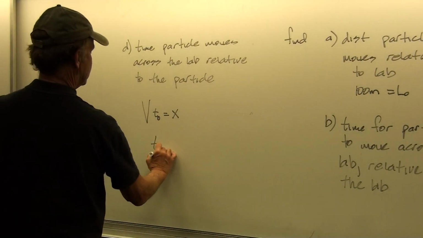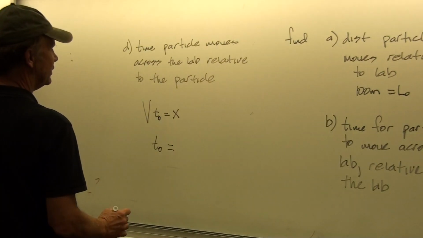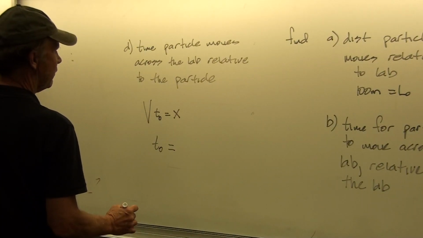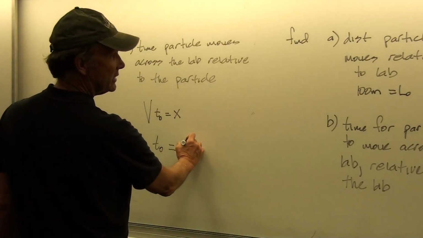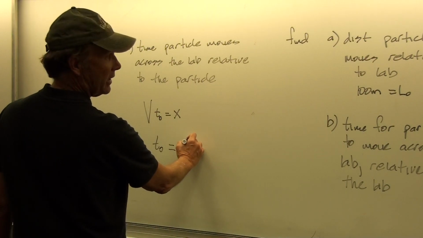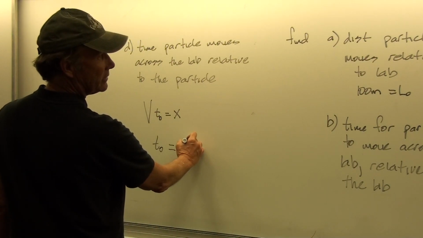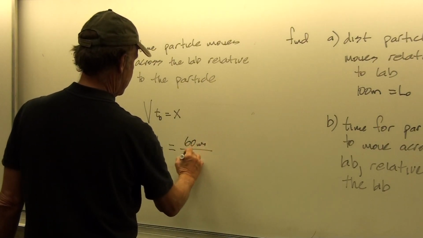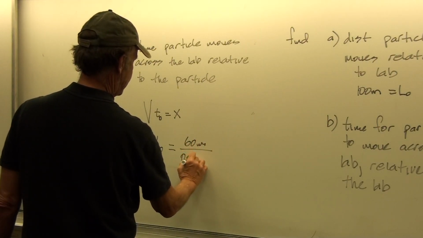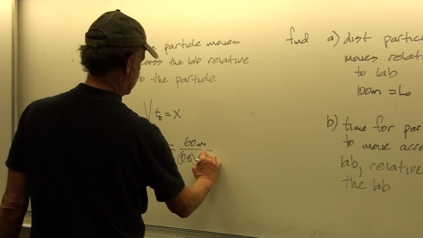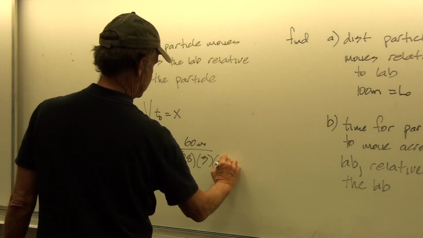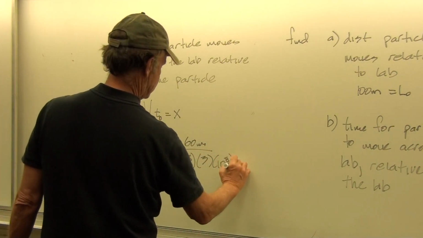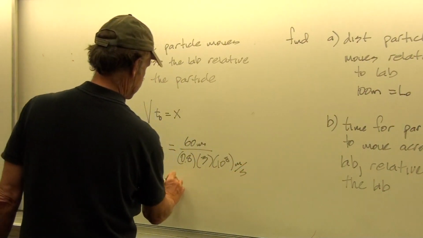So we can write T naught equals x, which is our contracted length, right? And so that's going to be, what did we get for that? 60 meters divided by v, which is 0.8 times 3 times 10 to the 8 meters per second.